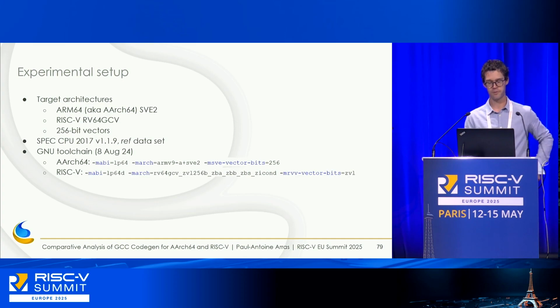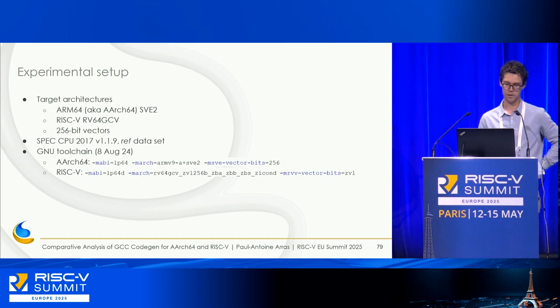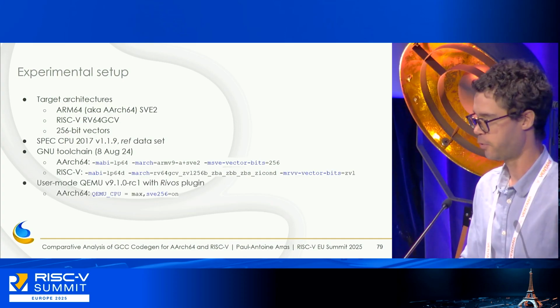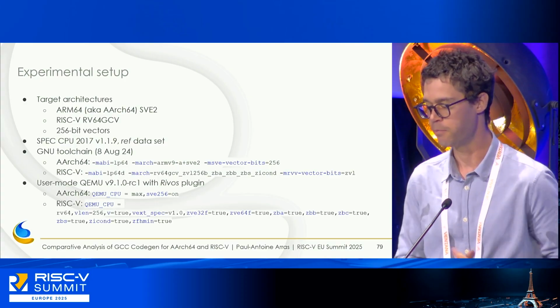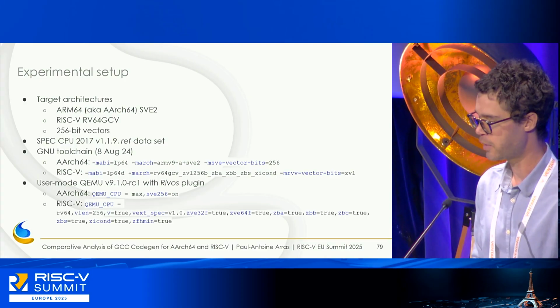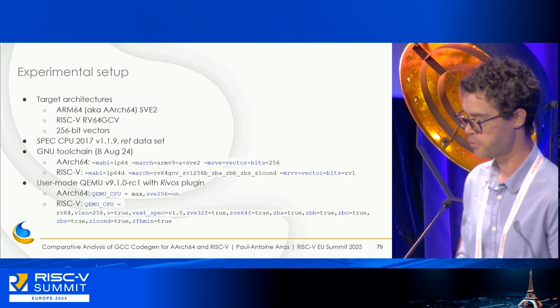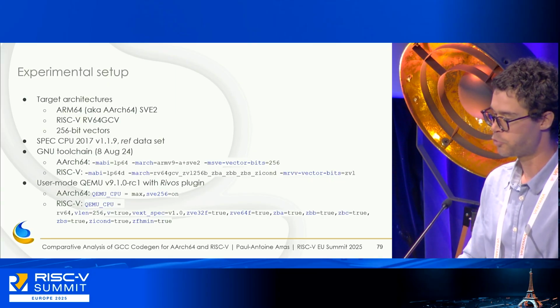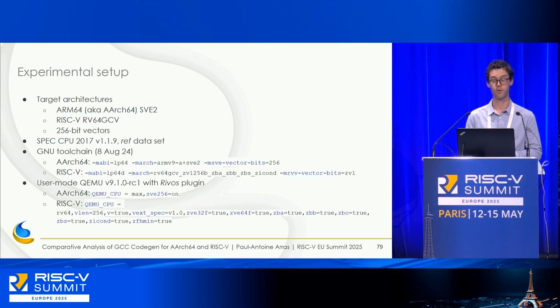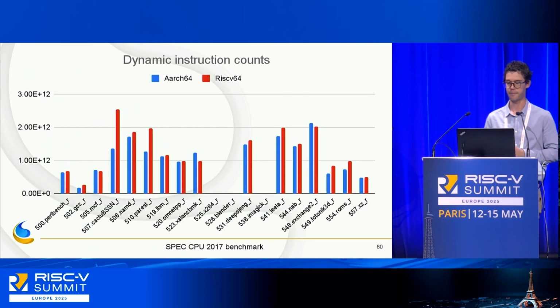We build with a fixed version of GCC, both for AArch64 and for RISC-V, and use user mode QEMU to run the benchmark with the plugin that was provided by Rivos that allows us to determine what the hotspots in the code are and to get the assembly directly.